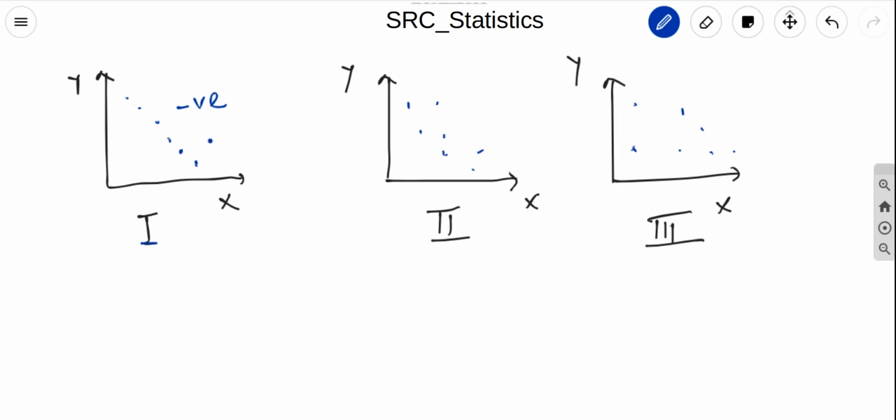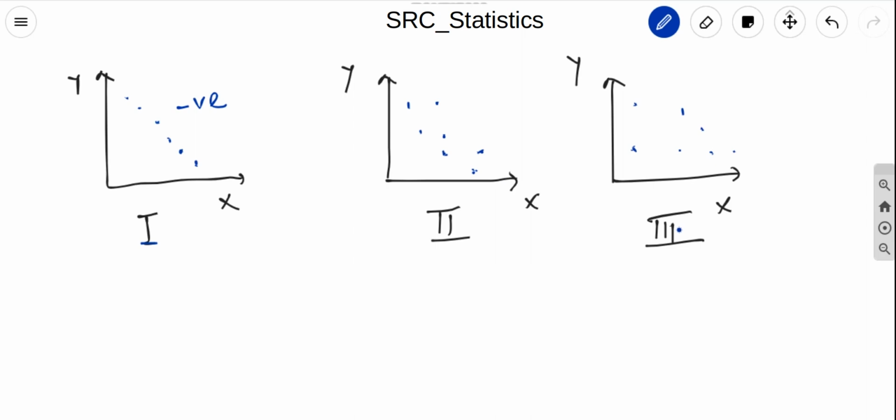See the second scatter plot. We can understand a trend which is negative, that is as X is increasing, Y is decreasing, but points are not along a straight line, so we can say that there is a negative correlation, but comparatively less strong negative correlation.